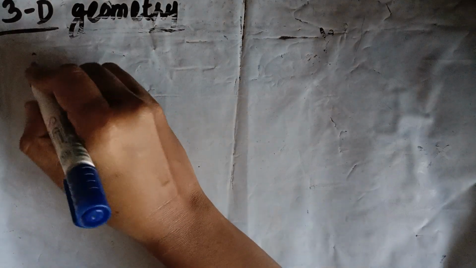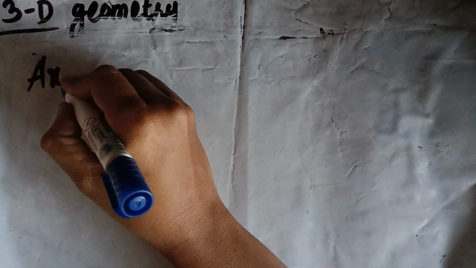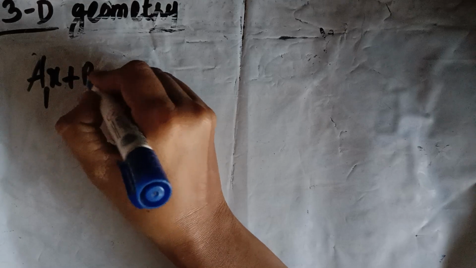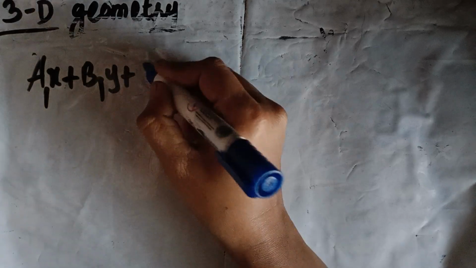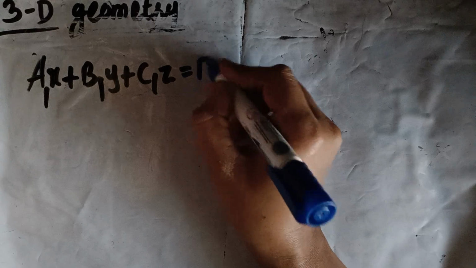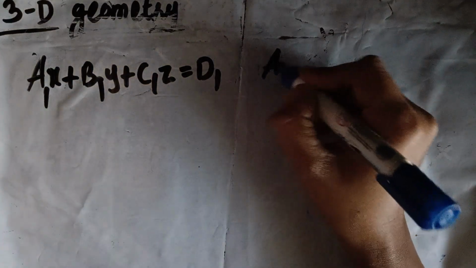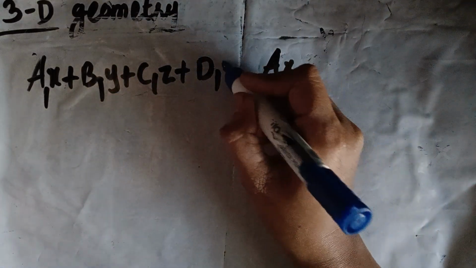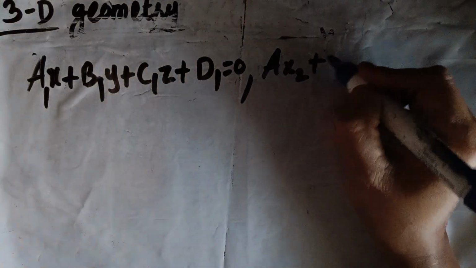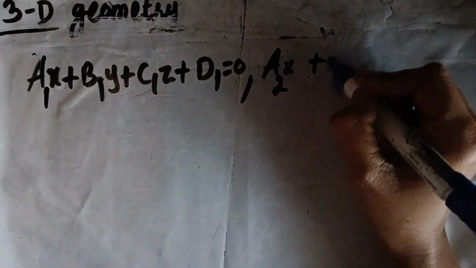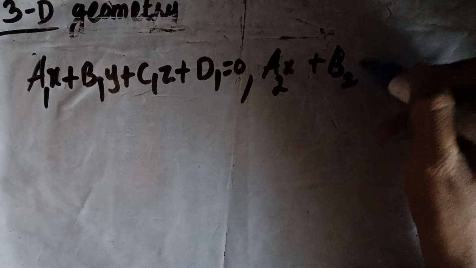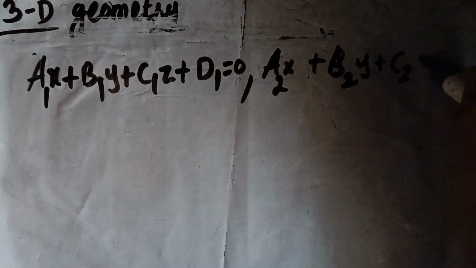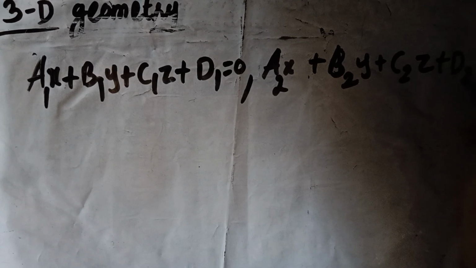Next is the angle between two planes. Suppose the equations of the planes are given as A1 x plus B1 y plus C1 z plus D1 equals 0 and A2 x plus B2 y plus C2 z plus D2 equals 0.